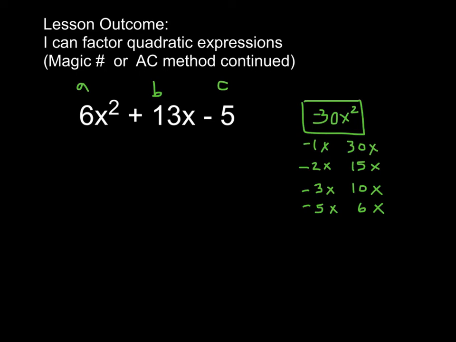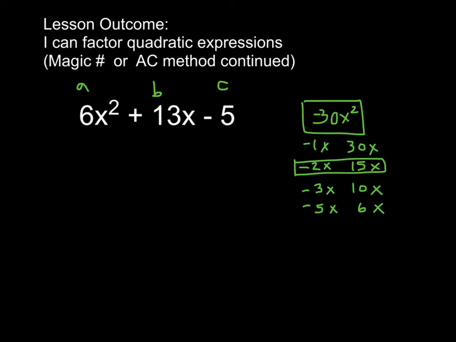Again, we're looking for the factor pair that when we add them, we get the B term, the middle term, 13x. Well, hopefully you notice it's these right here. Negative 2x plus 15x is 13x.